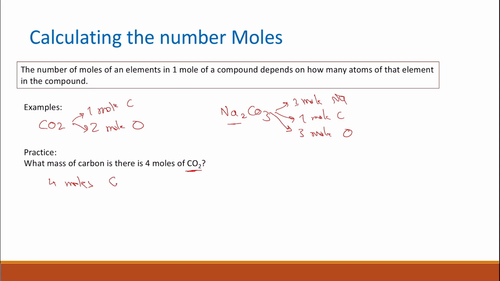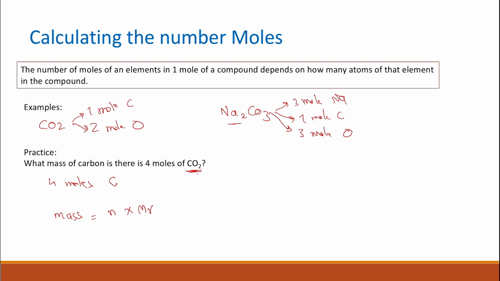So now we have 4 moles of carbon, and we need to calculate the mass. So applying the equation, mass will equal the number of moles times the relative formula mass.